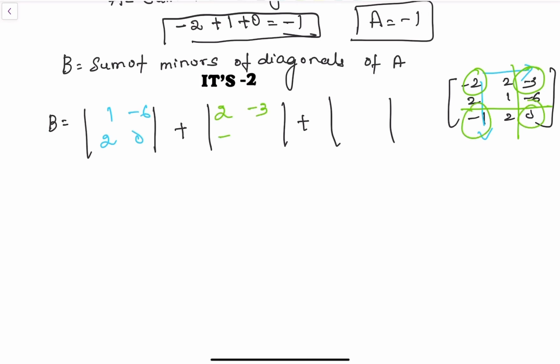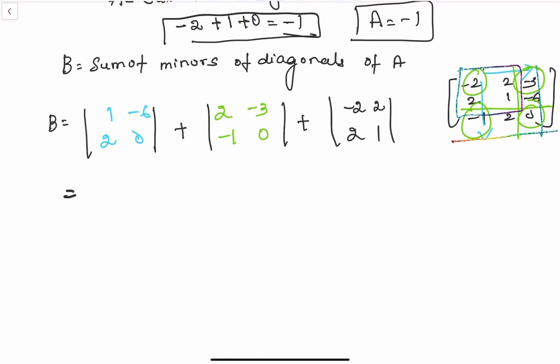The rest of the numbers we will write, that is 2, minus 3, minus 1, 0. Then we will write the last term, the last diagonal element, 0. That will be minus 2, 2, minus 2, 2, 2, 1. Make a correction here: I have written 2 there, make it minus 2.